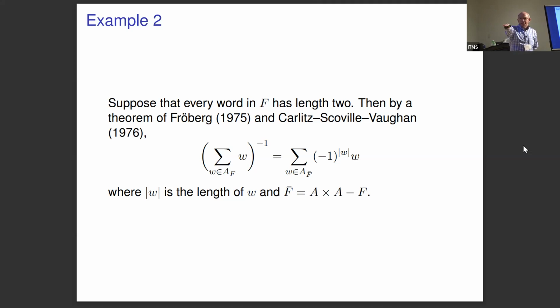The way I've written it is I'm letting F bar be the complement in A cross A of F. And I'm just taking the sum of all words that don't have any of these words as subwords. In other words, every consecutive pair is in F with alternating signs.